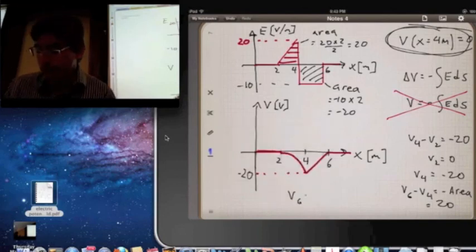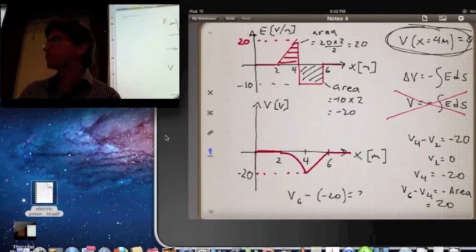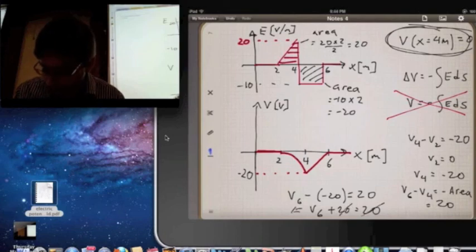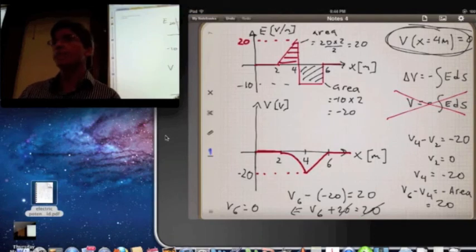Now I need to, and that will be easy to forget, that I have to satisfy this condition. So how do I satisfy that condition? The condition says that the potential at x equals 4 should be 0. This is x equals 4 over here. This is 2 and this is 6. So how do I do that? Lifting a function by a constant doesn't change the differences, the delta V's between the different points.